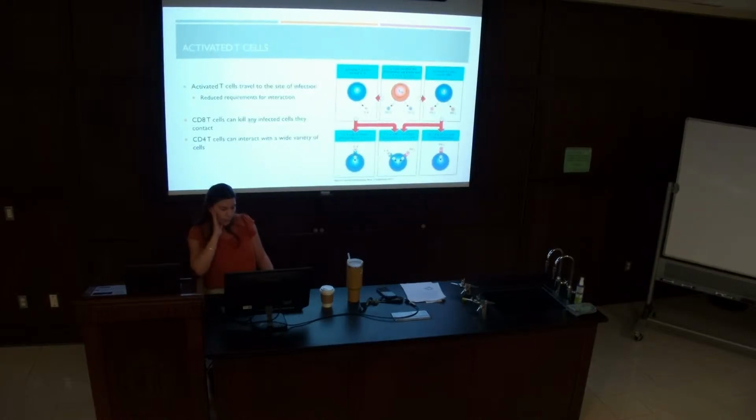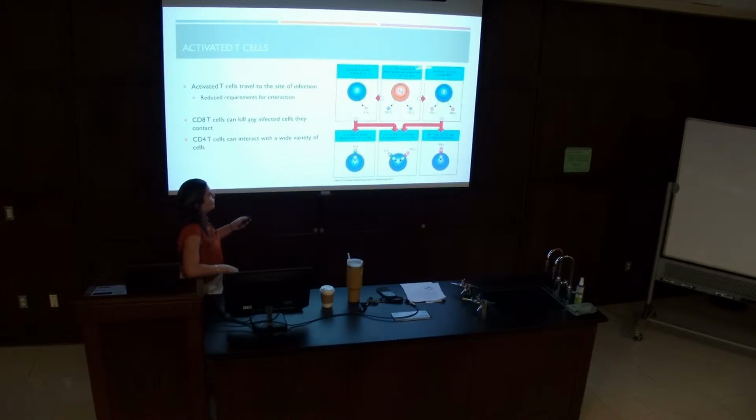Okay. So activated T cells have to travel to the site of infection once they're activated, and here I'm showing you again that different types of T cells will elicit different cytokine production. CD8 T cells are cytotoxic. They can kill any infected cells that they contact.